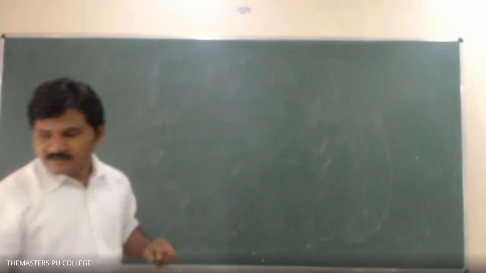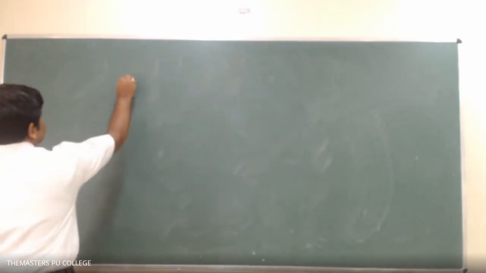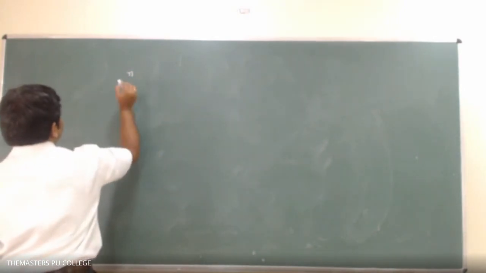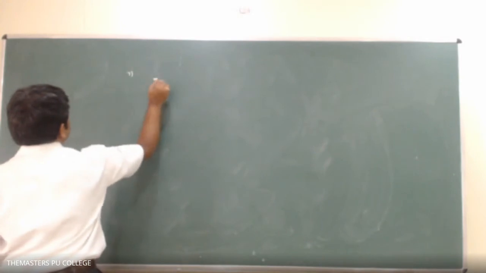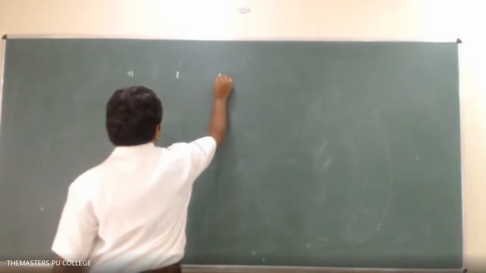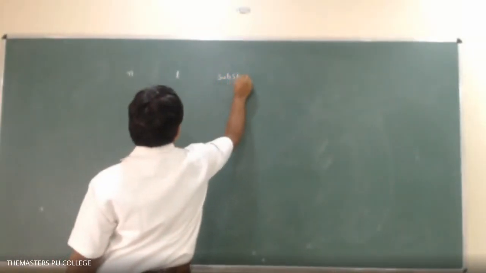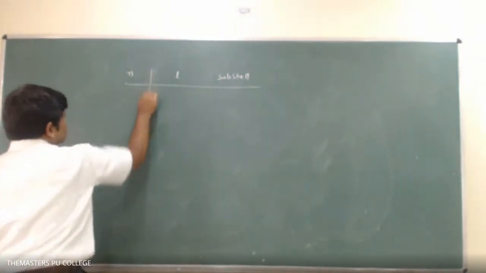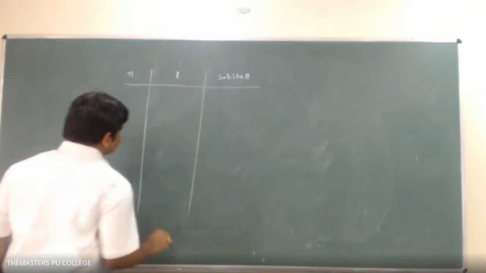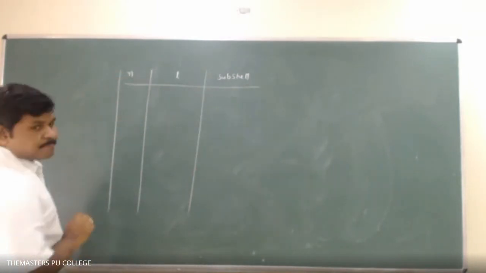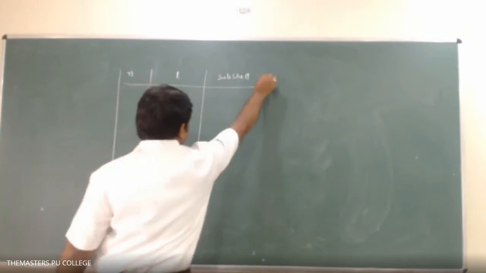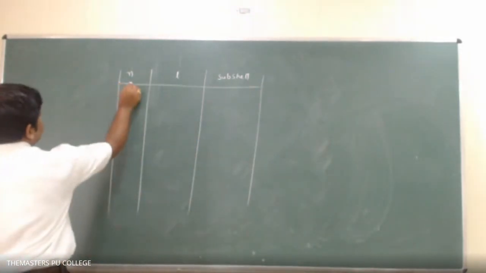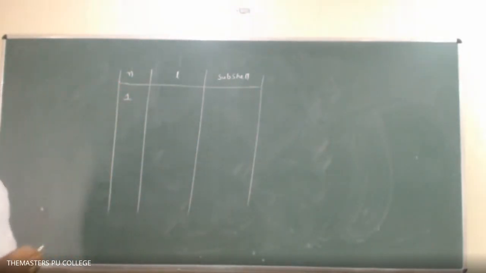On the tabular column: n value, l value, subshell. N is equal to 1.